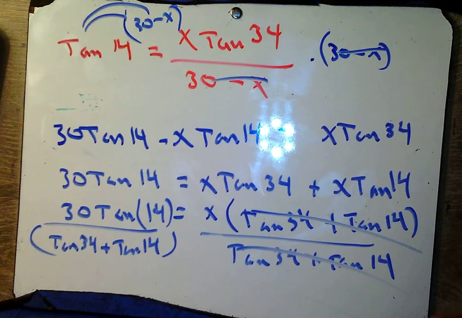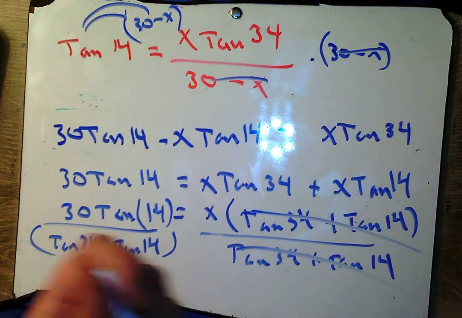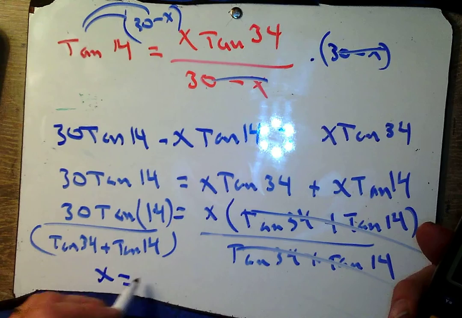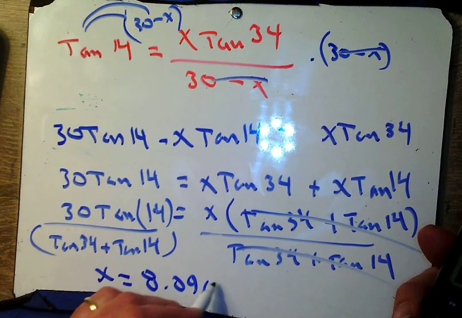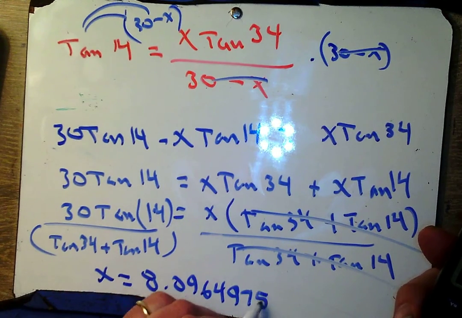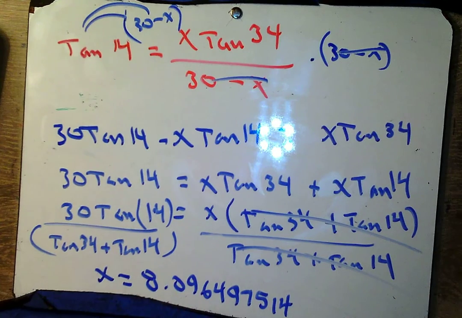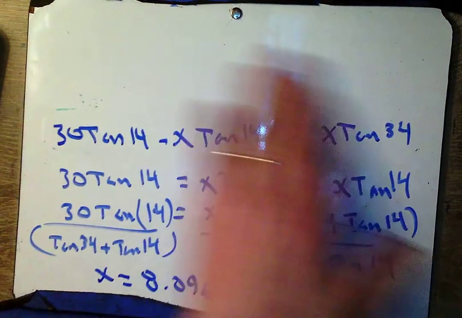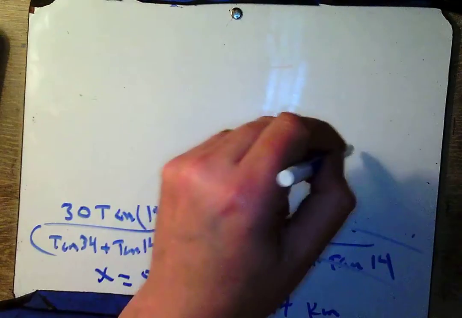And then I will tell you what the most common cause for that is. And I end up with x equals 8.096497514 kilometers. Remember, our picture looked like this.